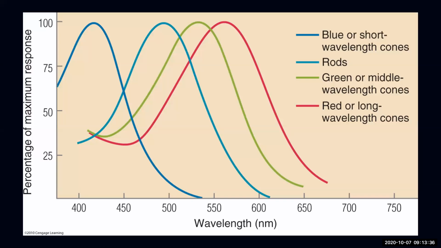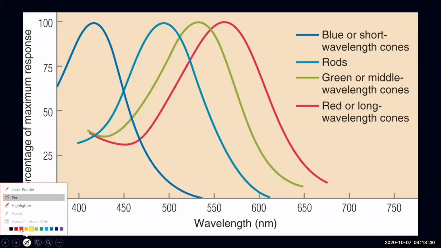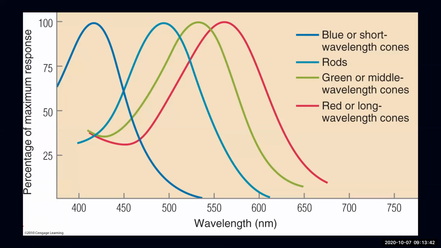If we look at the rods and cones, they are sensitive to different wavelengths of light. So here on the y-axis, we have percentage of maximum response. And here we have the different types of photoreceptors. I'm going to start with rods. Okay, so if we look at the rods, that's this curve.